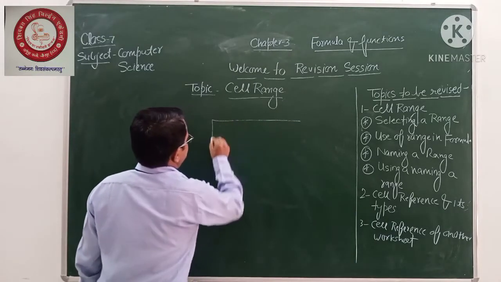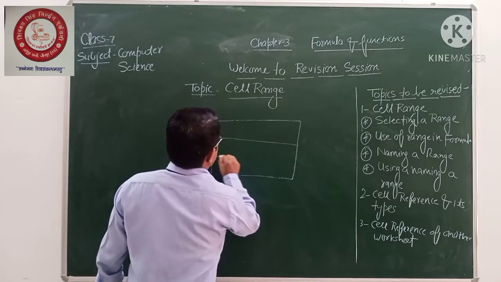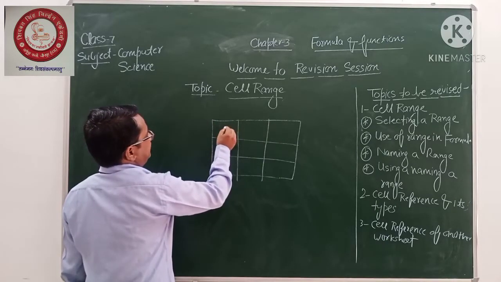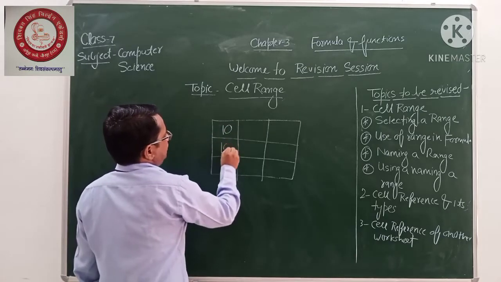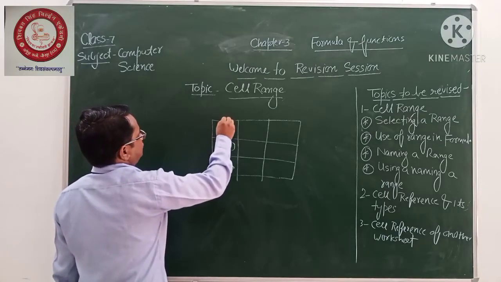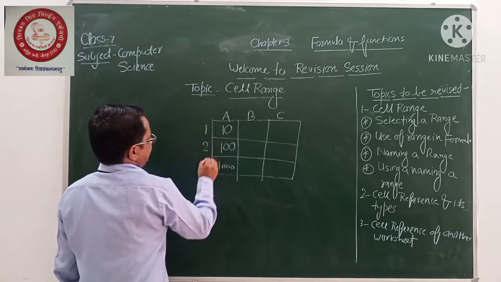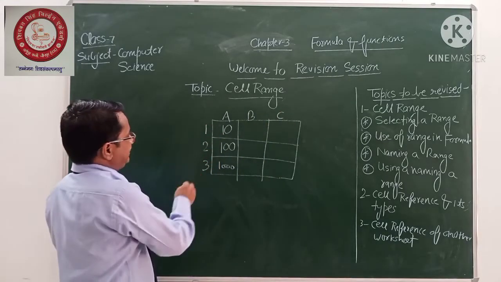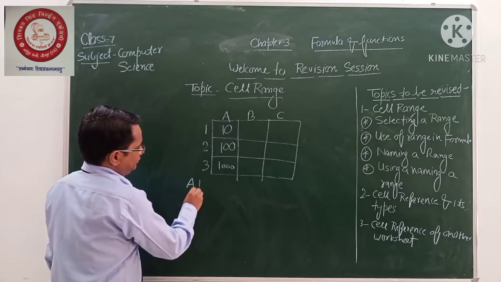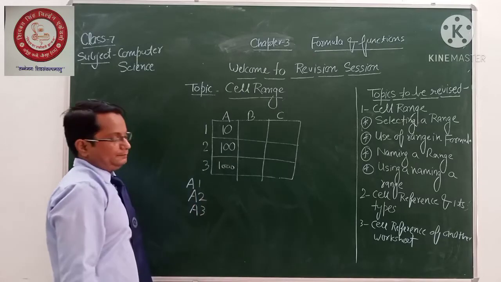Suppose this is an Excel sheet, and suppose you have written 10, 100, 1000. A, B are the names of the columns, and these are the names of the rows. So the address of 10 is A1, the address of 100 is A2, and the address of 1000 is A3.